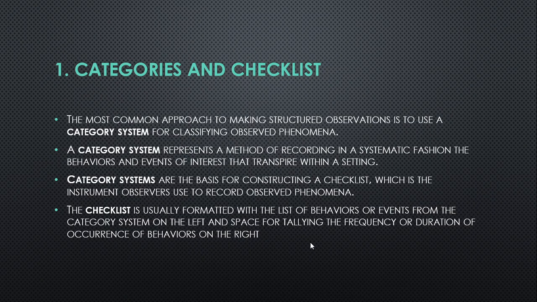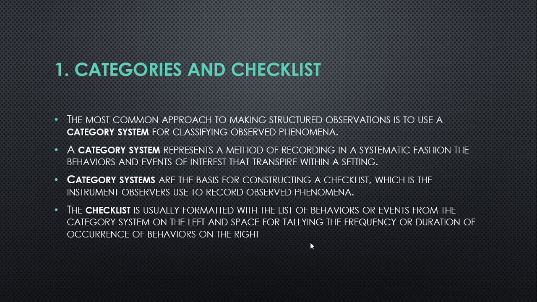Okay, number one is the categories and the checklist. The most common approach to making structured observation is the use of a category system for classifying the observed phenomena. A category system represents a method of recording in a systematic fashion the behaviors and events of interest that transpire within a setting.